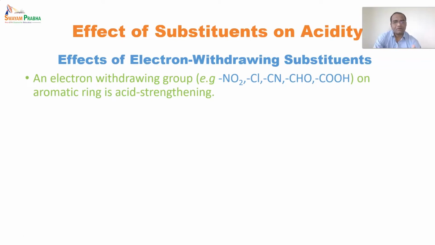They will withdraw an electron from the phenol over here, and due to which it forms an electropositive center, and this electropositive center increases the acidic strength of the aromatic ring.